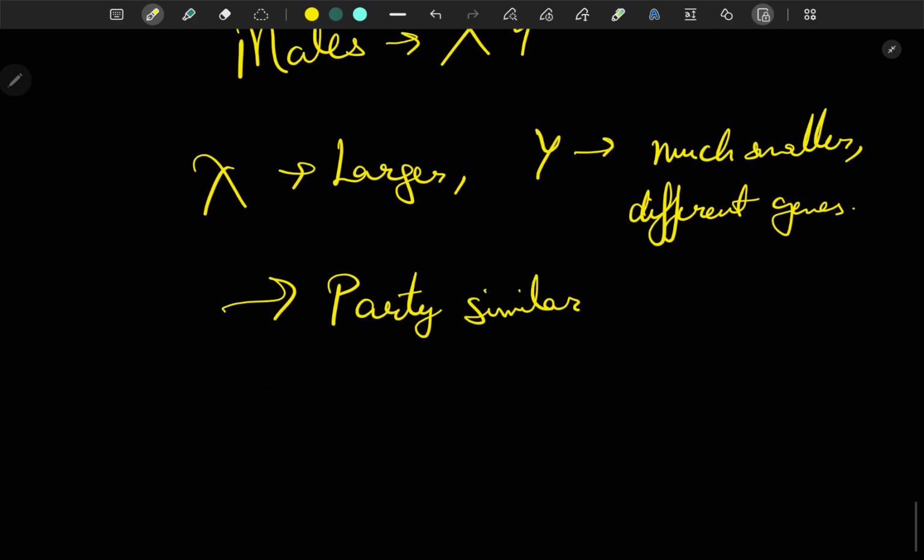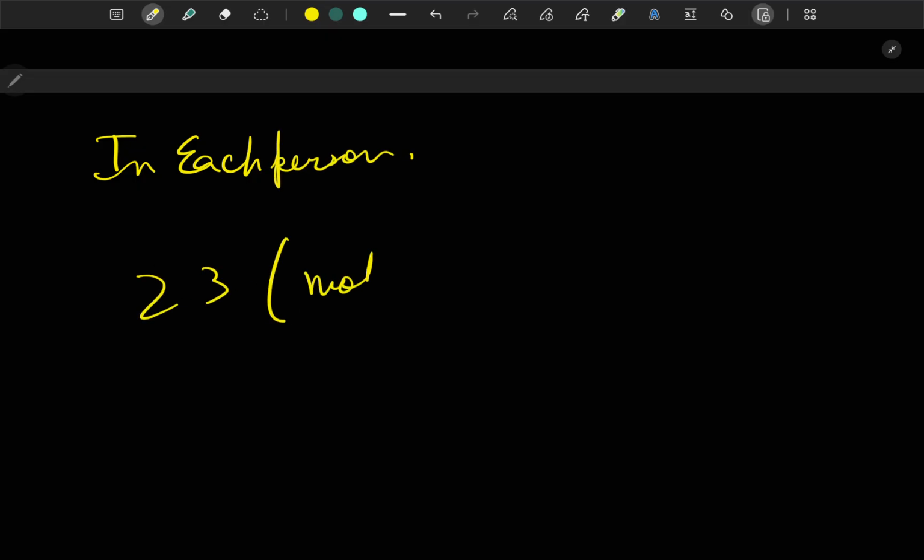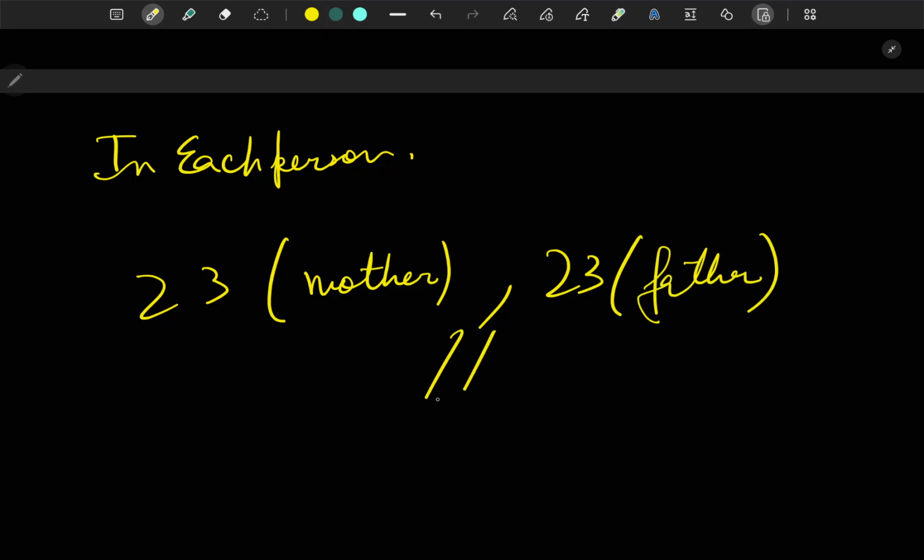The question arises: where do these chromosomes come from? In each person, 23 come from the mother and 23 come from the father. Both contribute together, 46 in total.